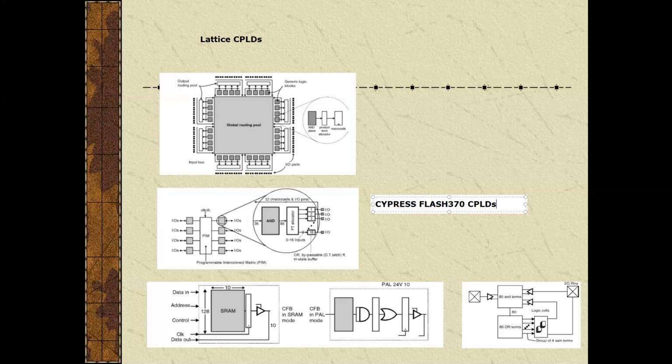The Flash 370 parts are not in-system programmable. This figure shows the Flash 370 has a typical CPLD architecture with multiple PAL blocks and a programmable interconnect matrix to connect them.